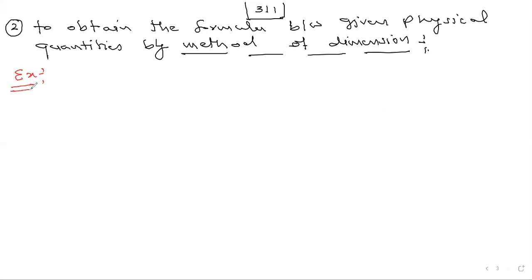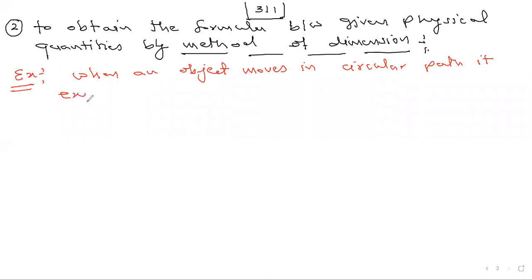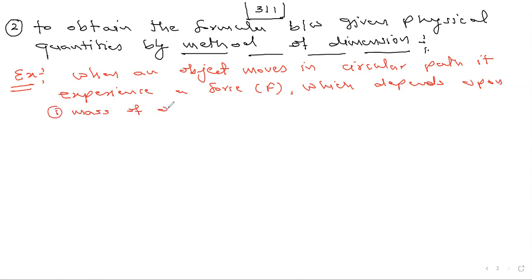Example, I say to you: when an object moves in a circular path, it experiences a force F, which depends upon number one, mass of object, number two, velocity of object, number three, radius of path.